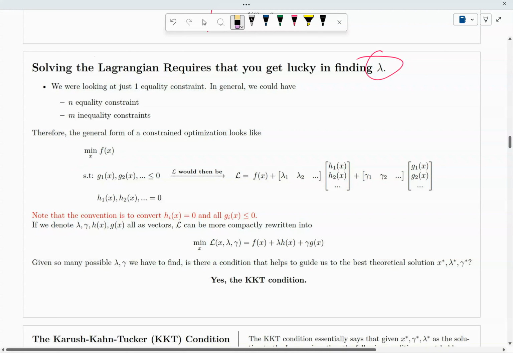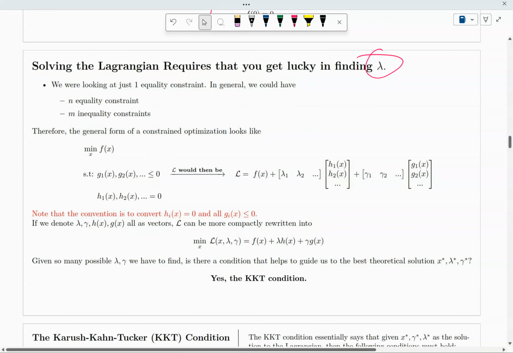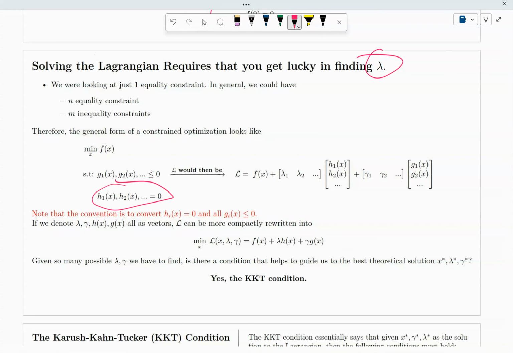The inequality constraints, we're always going to set to be less than zero. Every inequality, no matter how it's set up, we're going to rearrange into this. And the equality constraints, you can also have multiple of them, so we make sure each equality constraint is set equal to zero.